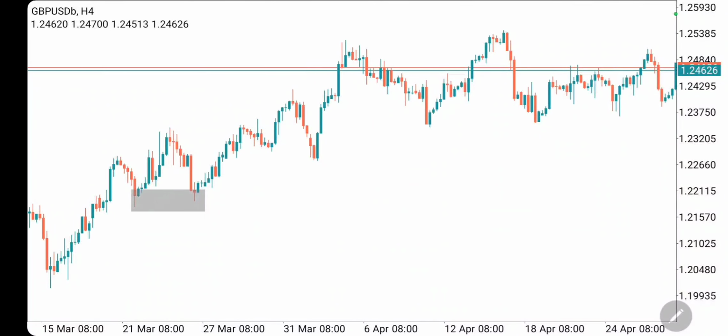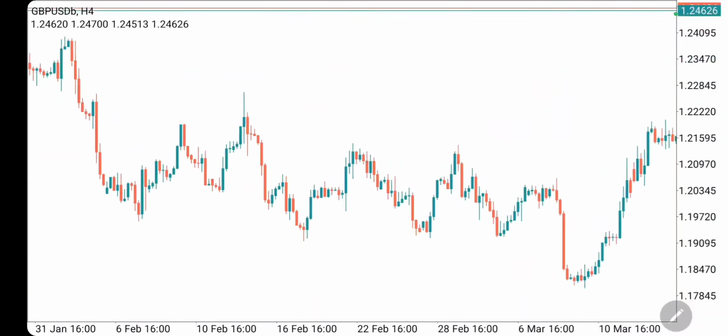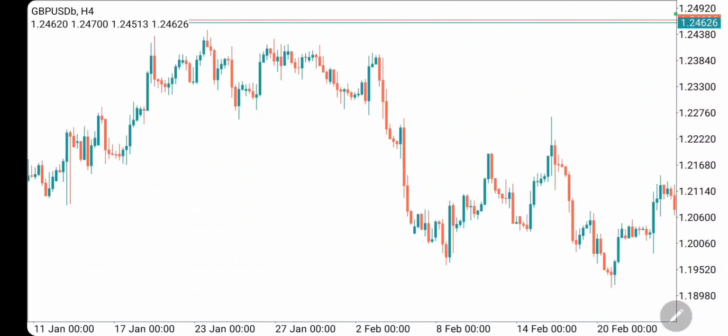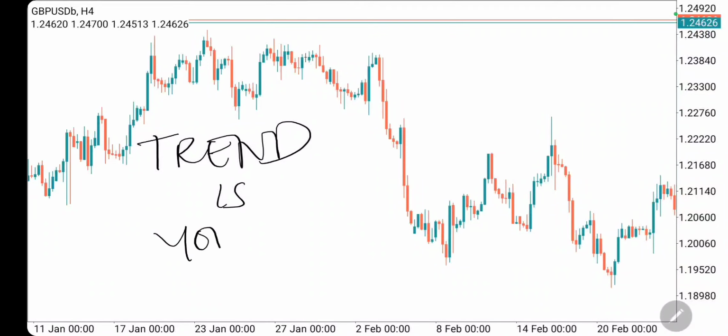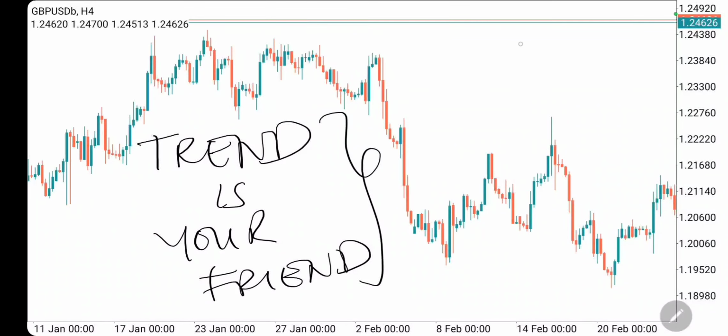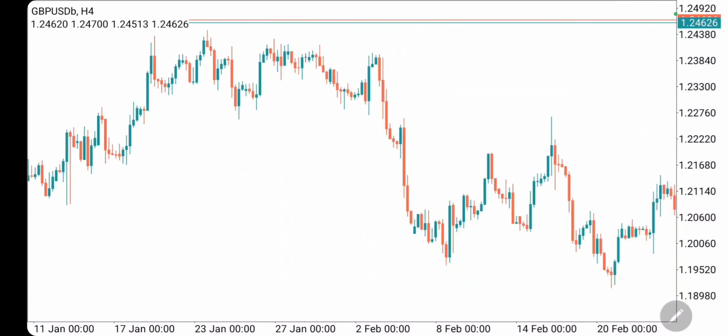Okay, so another thing that can give you a higher probability demand or supply zone is trend. You have it in the forex market that the trend is your friend. So what do we mean? The trend is your friend when it comes to the forex market. Never trade against the trend.